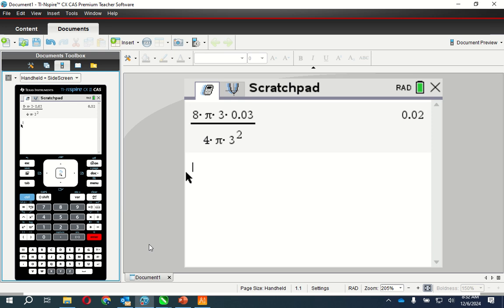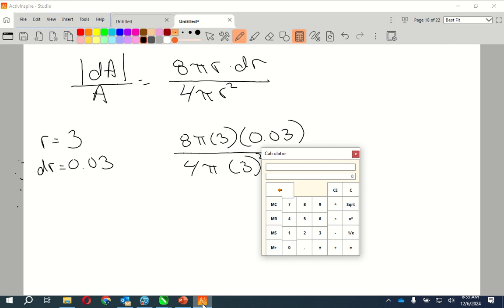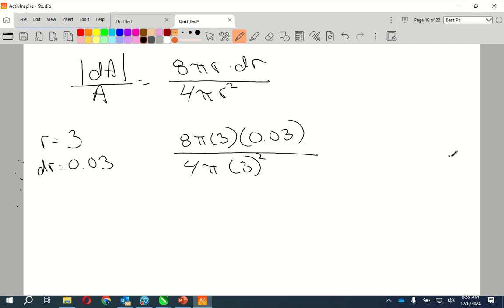So that's going to give me the surface area I'm allowed to actually be off.